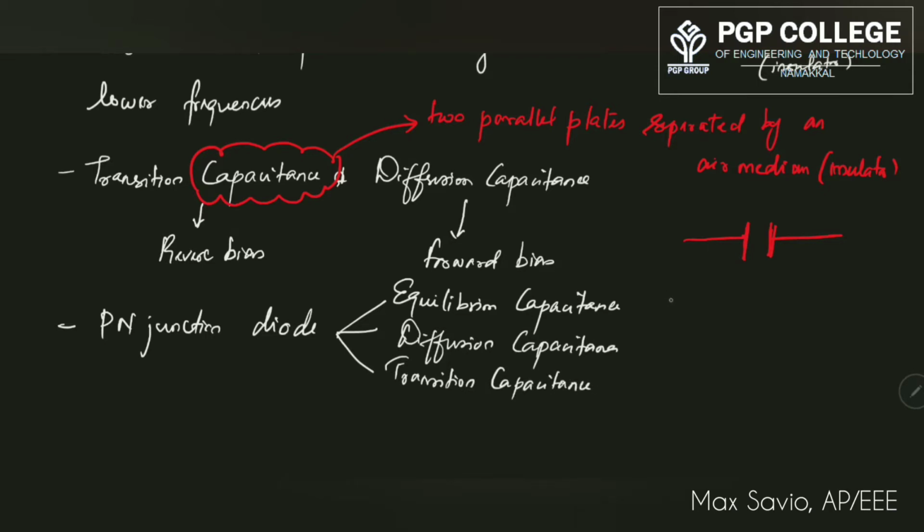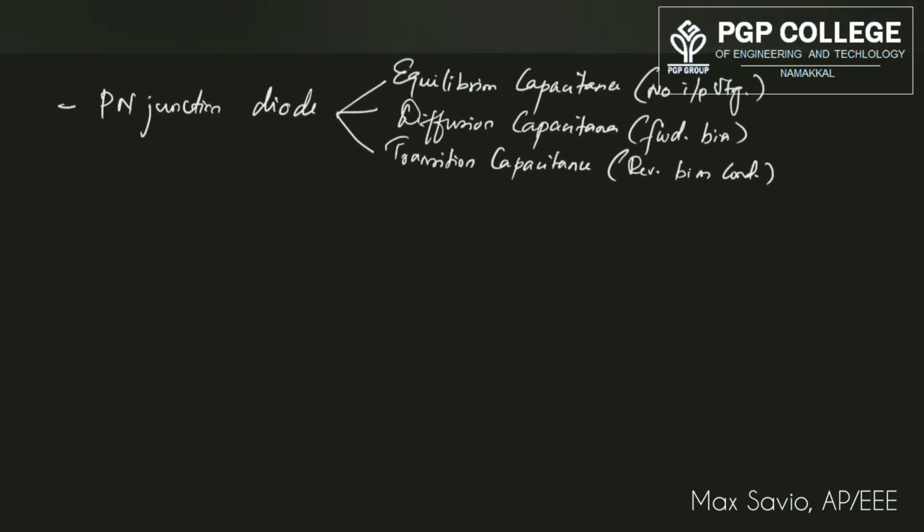Equilibrium means there is no conduction, no voltage applied, so no input voltage. These are the three types, and we will see all three cases descriptively. Let me start with the equilibrium capacitance first, so that you can easily understand the other two types of capacitance.